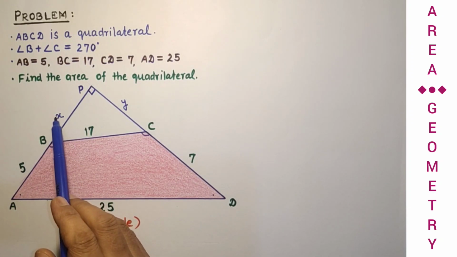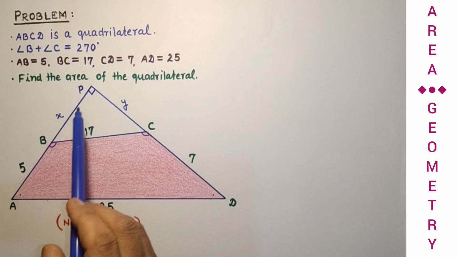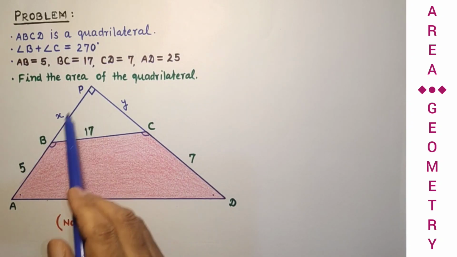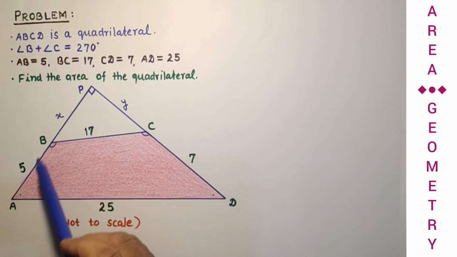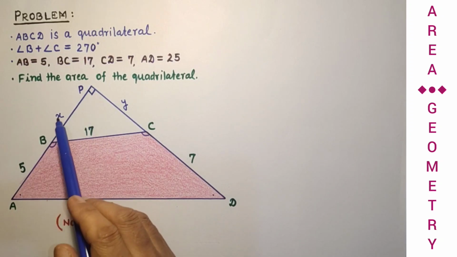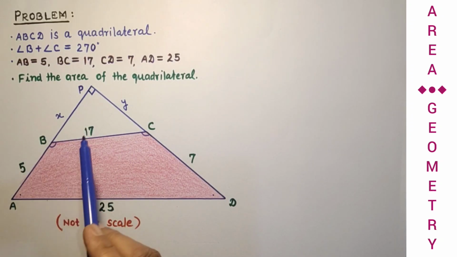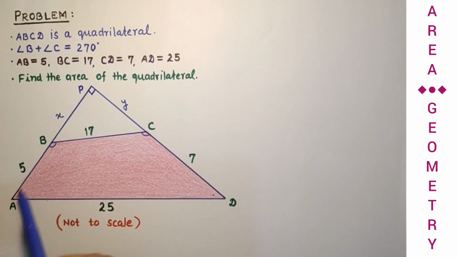So one is x square plus y square is this 17 square in this triangle, and in this bigger triangle PAD, PA square plus PD square is AD square, but PA is x plus 5 and PD is y plus 7. So if we subtract, we will get some relation between x and y.